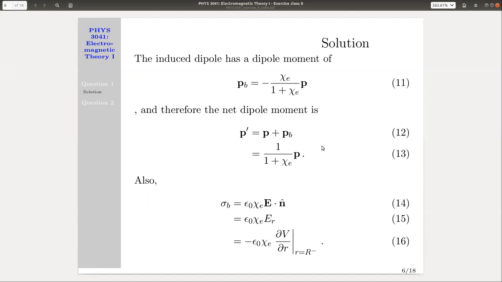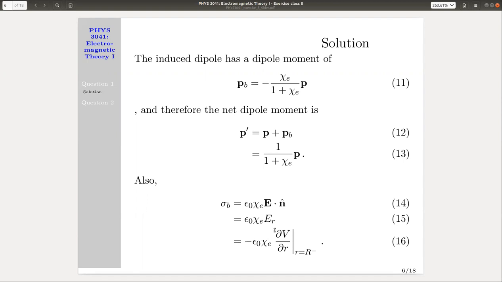For the bound surface charge, since this is a sphere, the unit normal vector will simply be r hat, which is a unit normal vector pointing radially from the center of the sphere. So the dot product between E and n hat will be simply the radial component of this electric field.